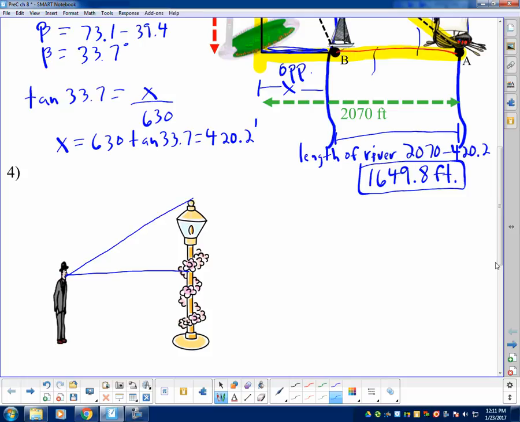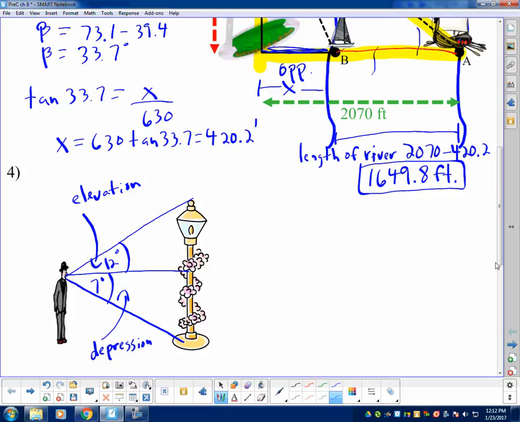That's called the angle of elevation. This is the angle of elevation. And the angle of elevation was given to be 12 degrees. From here to here. Then to the bottom of the lamp post, that's called the angle of depression, and that is 7 degrees.